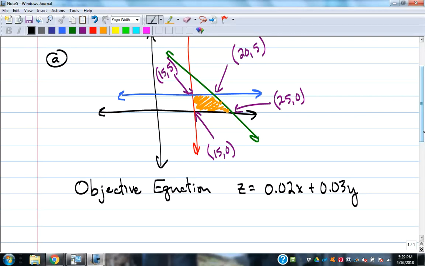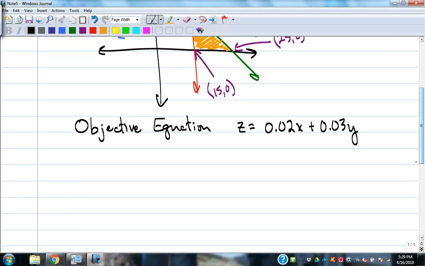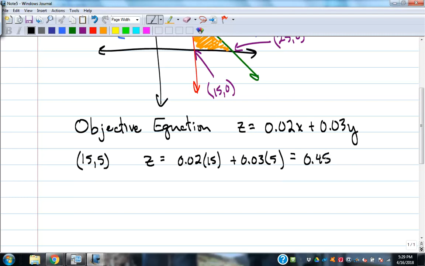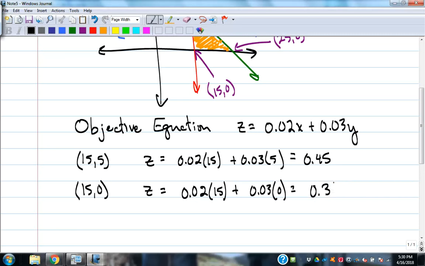So I'm going to check that for each ordered pair. For 15, 5, Z would equal 0.02 times 15 plus 0.03 times 5, and I'd get that number, 0.45. Okay. And then I'd plug in 15, 0. It doesn't matter what order you put the ordered pairs in, as long as you do all of them. So 0.02 times 15 would be 0.3.